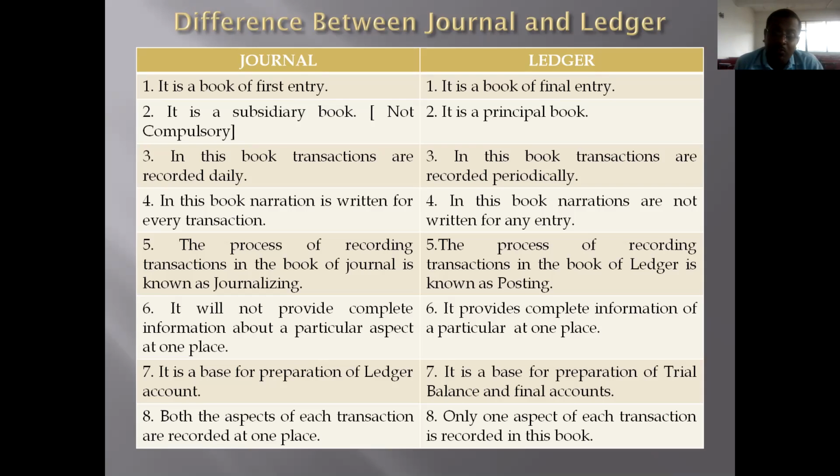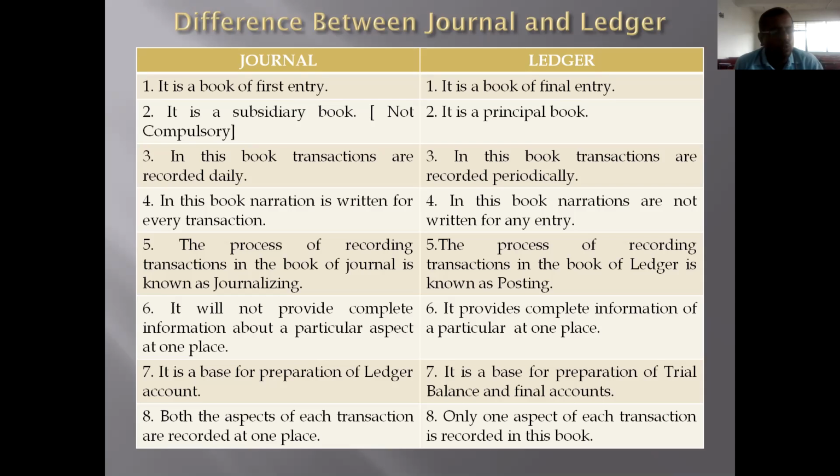But the process of recording transactions in the book of ledger is called posting. So the fifth difference: the process of recording day-to-day transactions in the book of journal is called journalizing, and the process of recording transactions in the book of ledger is called posting. Understood?